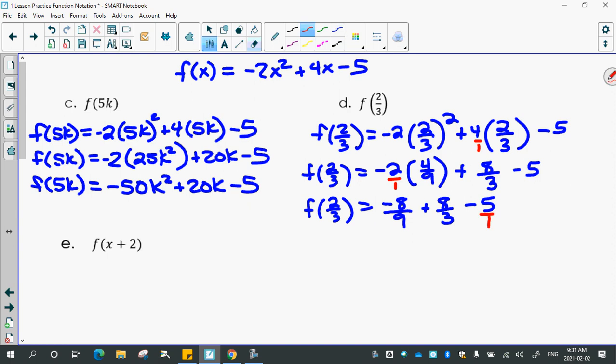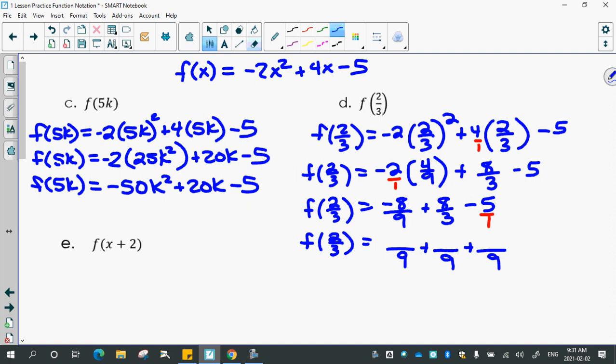So your denominators are 9, 3, and 1. So the common denominator is 9. Okay? So you're going to make each of these fractions out of 9 or into ninths. And then if the denominator wasn't 9 originally, you have to adjust the numerator.